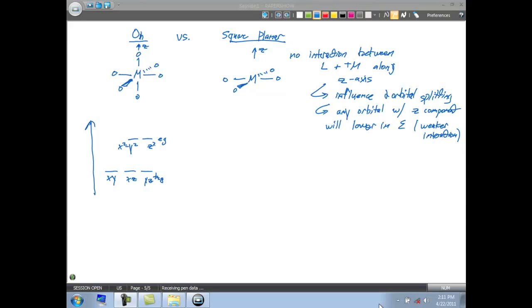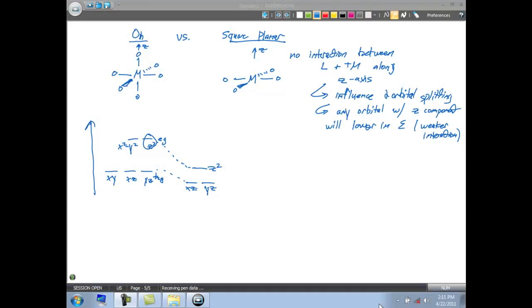So anything with a z component is going to have a weaker interaction. So our dz squared orbital is going to drop down fairly low in energy, and our dxz and dyz, relative to an octahedron, will also drop down in energy.